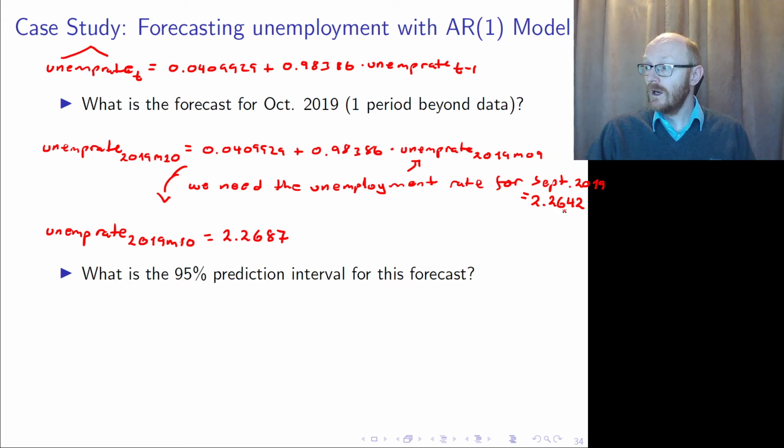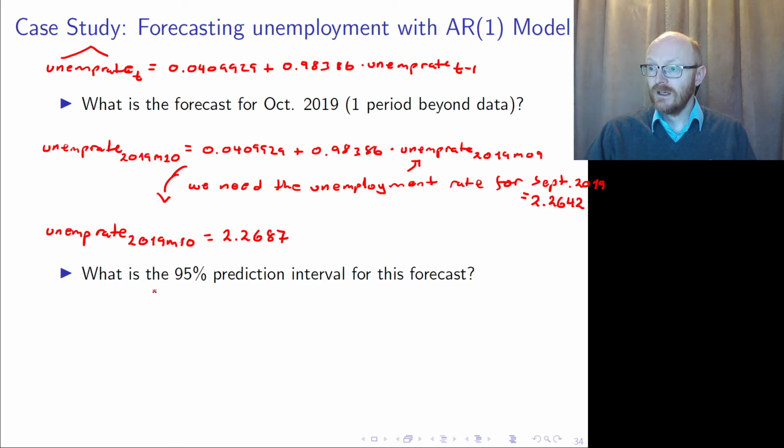This is quite close to last month's unemployment rate, but it's a bit higher. So we are forecasting a slight increase in the unemployment rate.